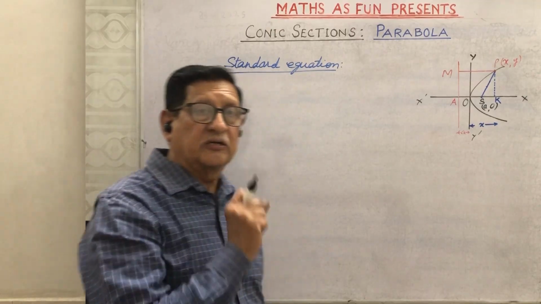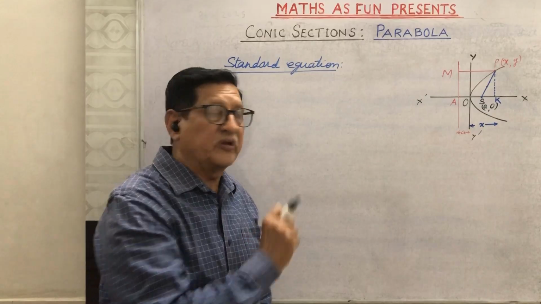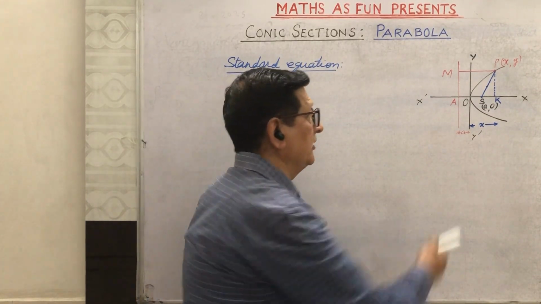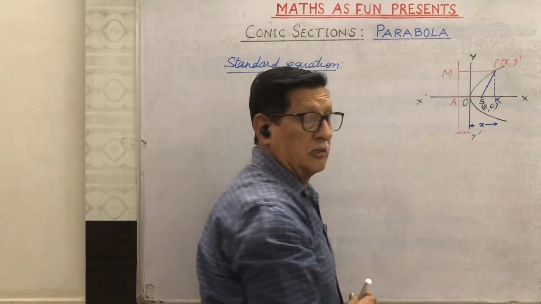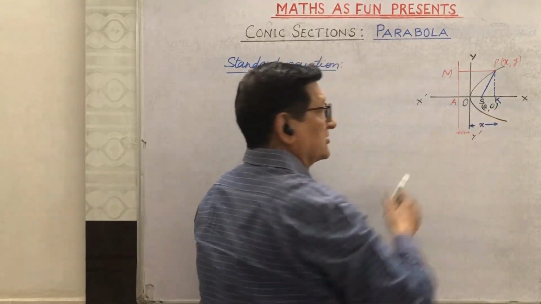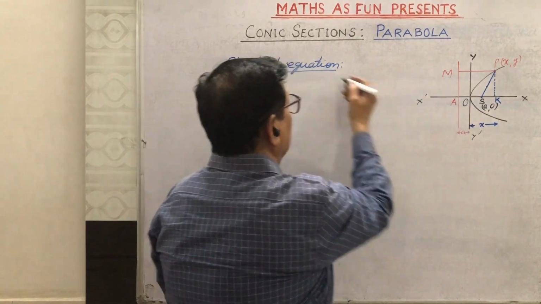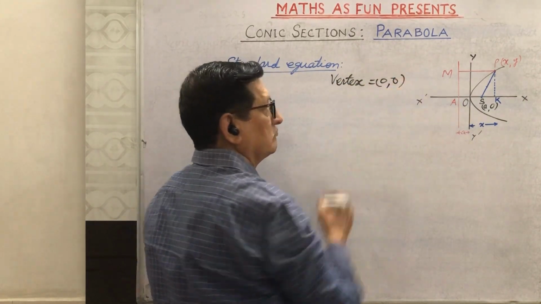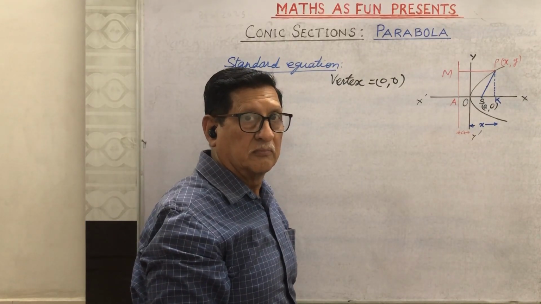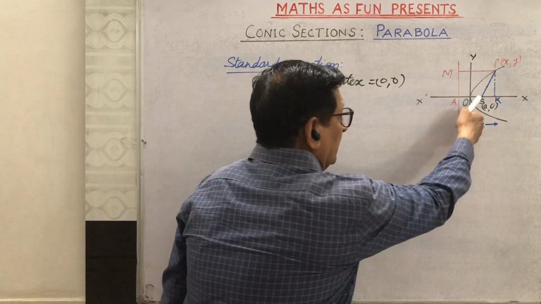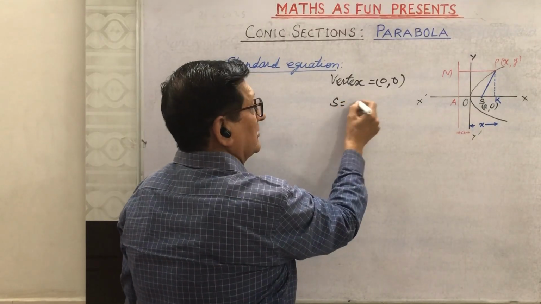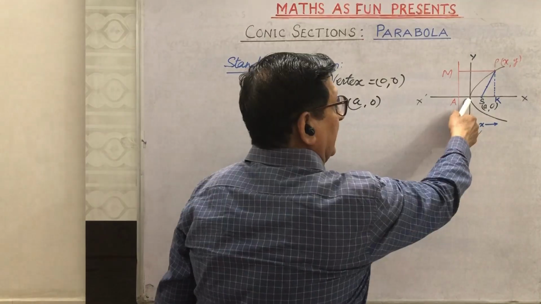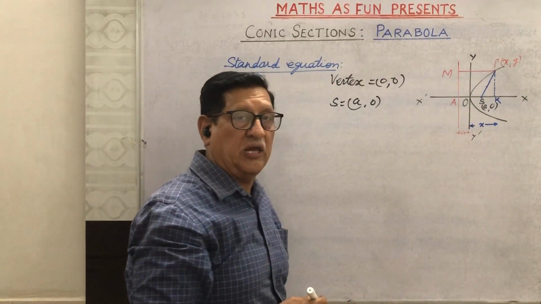To find the standard equation of a parabola, we draw the diagram. Here it is a parabola, the axis is along the x-axis, and the vertex is at the origin. If the focus S is (a, 0), it means the distance from the vertex to this focus is a.